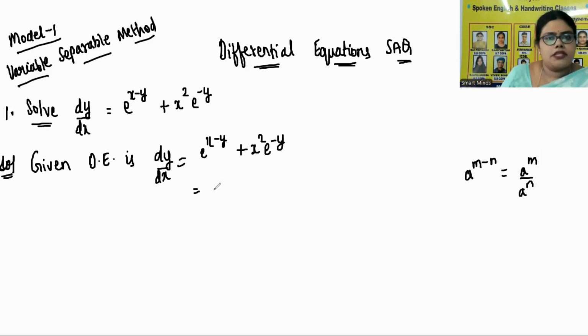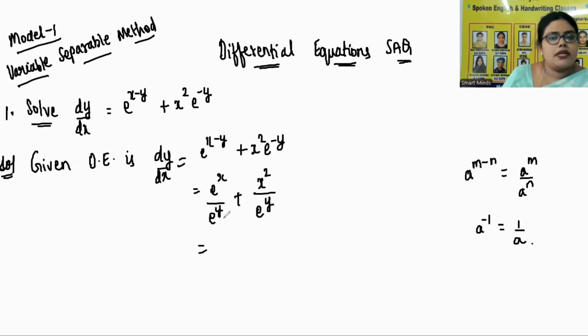So this we can write as e power x by e power y. Also we know that a power minus 1 can be written as 1 by a. Whenever you want to remove the negative power, you can bring it to the denominator. So x square e power minus y, if we bring it down, becomes x square by e power y. Is this step clear to you?